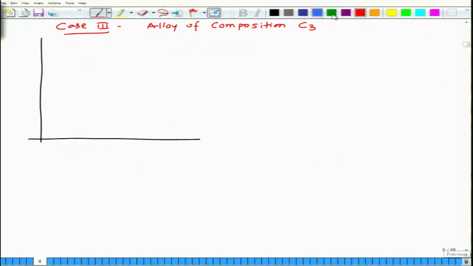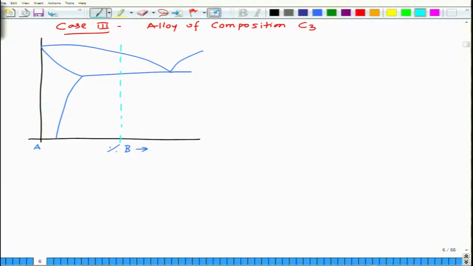So if I again draw the zoomed in part of the phase diagram, so we are standing at about this point. This is C3 composition, and we have the phase fields liquid, liquid plus alpha, alpha and liquid plus alpha plus beta. Okay.